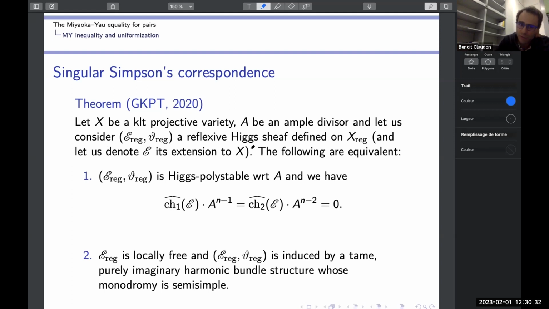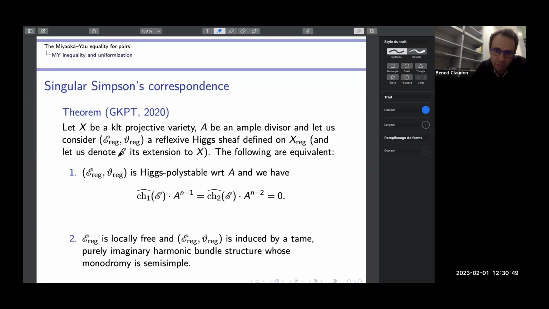on this X, we consider a reflexive sheaf, but only defined on X reg. But we also consider its reflexive extension to X. Here it's important to note that we suppose that everything is algebraic, so that the extension is coherent and so on. With this data, we have the equivalence between these two propositions.